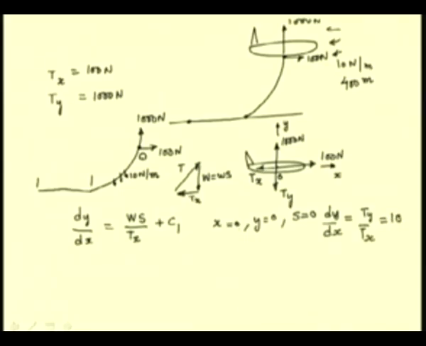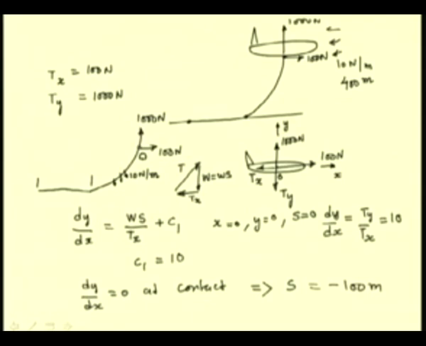So, if we substitute this, we find C1 as 10. At the contact point where this cable contacts the ground, we have the tangent to be 0. So, we have dy by dx equal to 0 at contact. So, from this we get S equal to minus 100 meters.